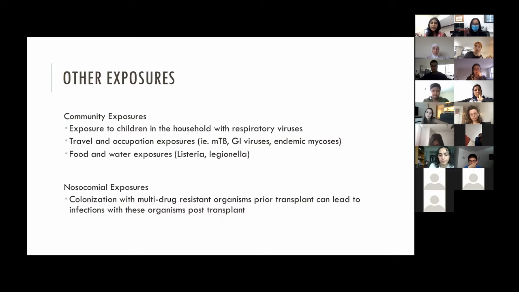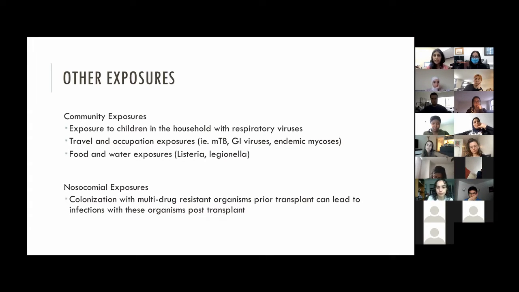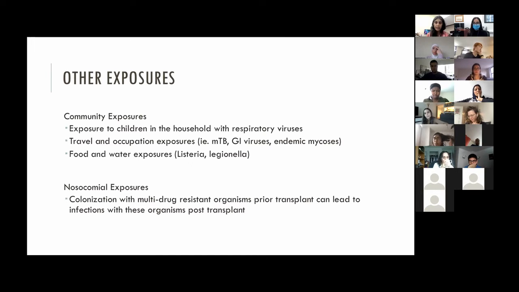What about food and water exposures, like we think about with Listeria and Legionella? So these are all the different types of infections that we can see in transplant recipients and where community exposures play a big role. And what about nosocomial exposures? We're going to talk about that with one of our cases today. Are patients colonized with multi-drug resistant organisms prior to transplant that put them at risk for infection with certain organisms after transplant?